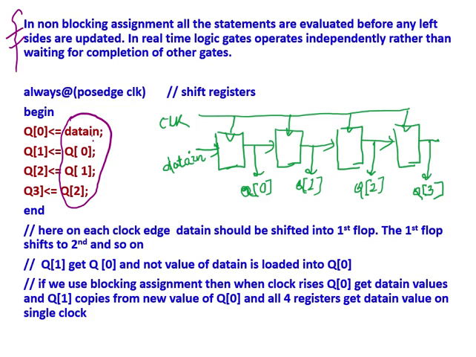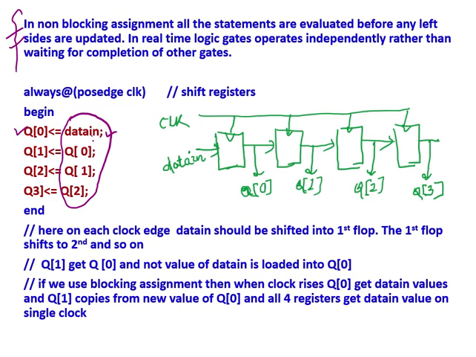Then, after having their own values, these values are assigned to the left-hand sides. All these statements are evaluated at 0 nanoseconds, because non-blocking assignments are executed in parallel. First the right-hand sides are evaluated, then the left sides are updated.